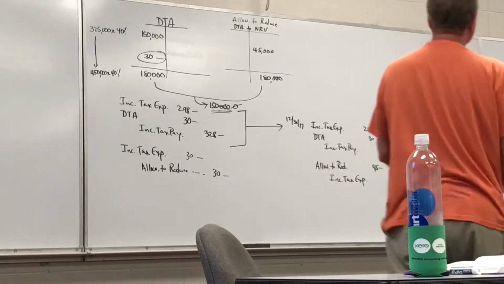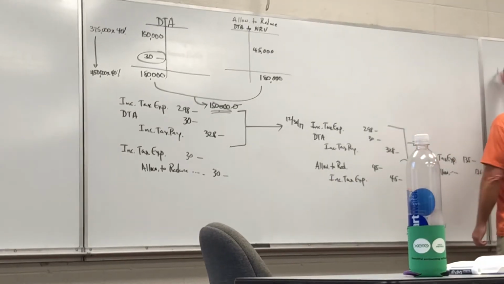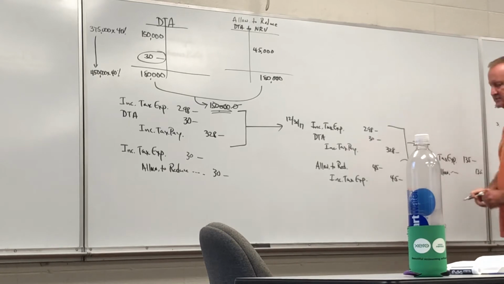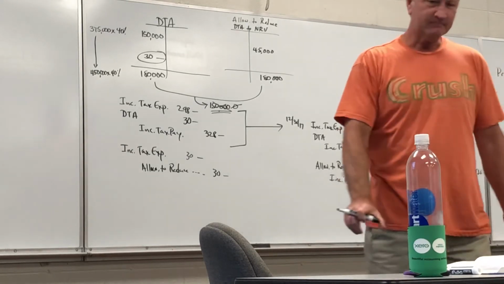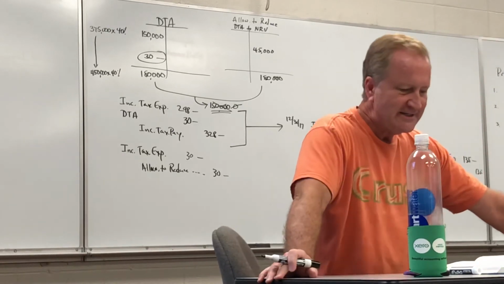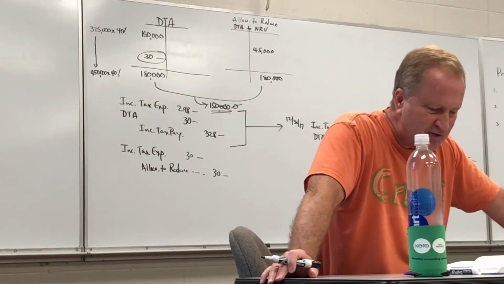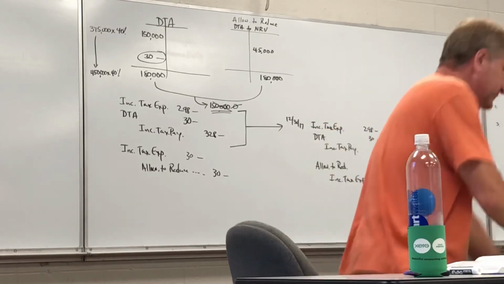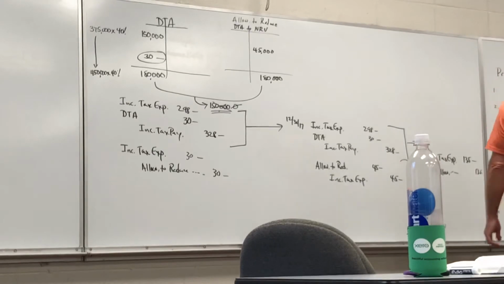Okay, so we have pre-tax financial income, did it say 70? Yes. Okay, and then we have some differences. Number 1, depreciation on the tax return is greater than depreciation on the income statement by 16,000.